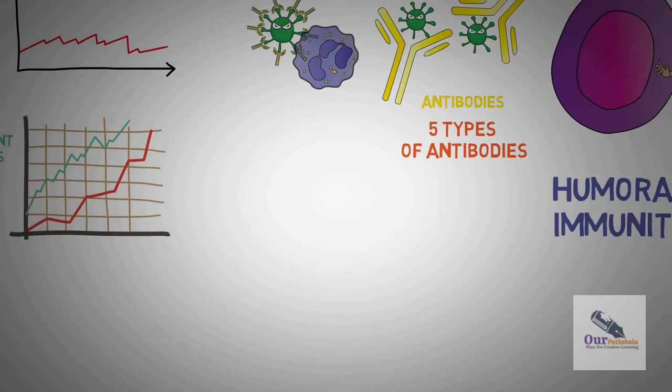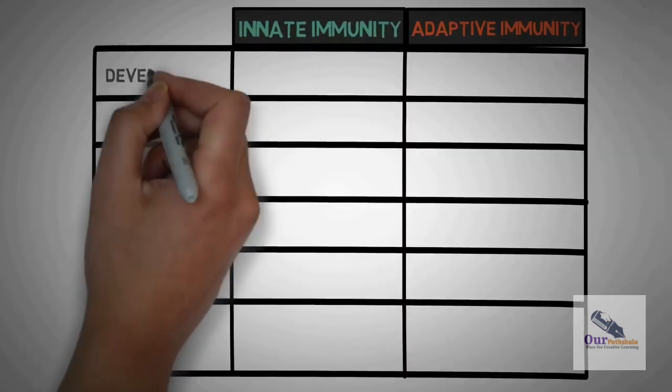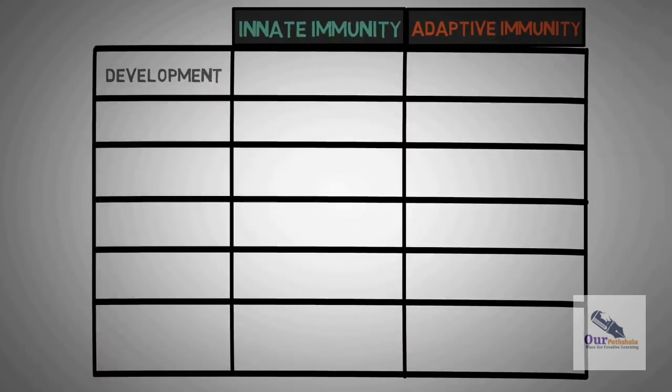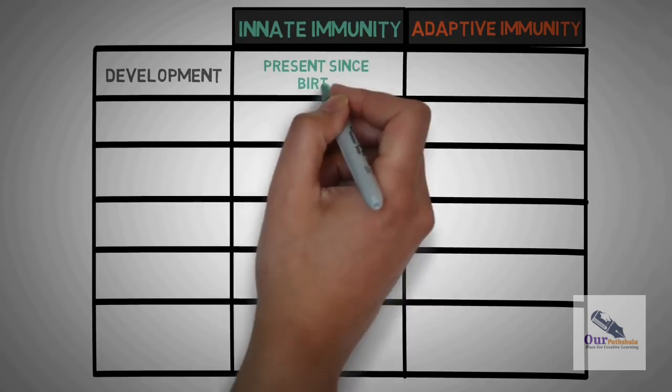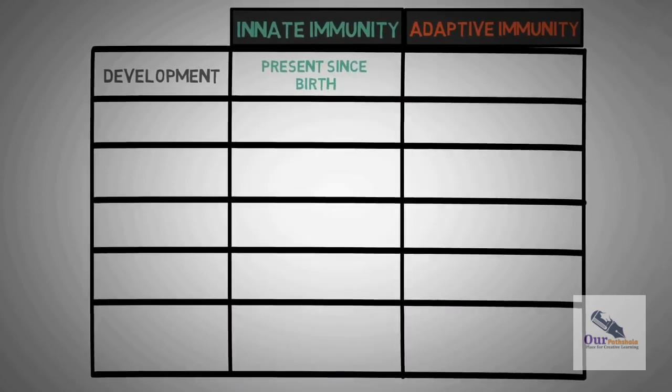The last section of our basis of immune system will be the differences between the innate and adaptive immunity. When we look at how each type of immunity develops, the innate immunity is something that is present since our birth, while the adaptive immune system is a type of immunity that develops after we are born.